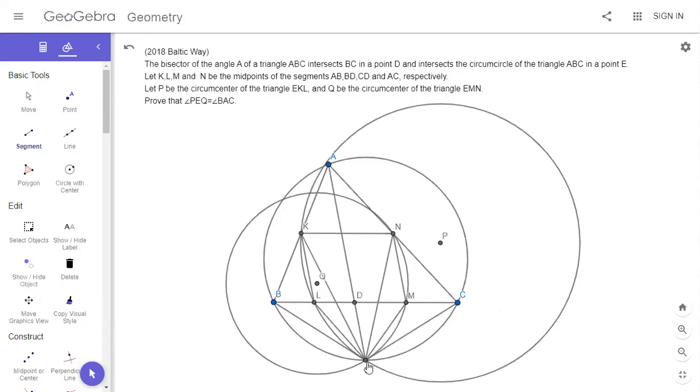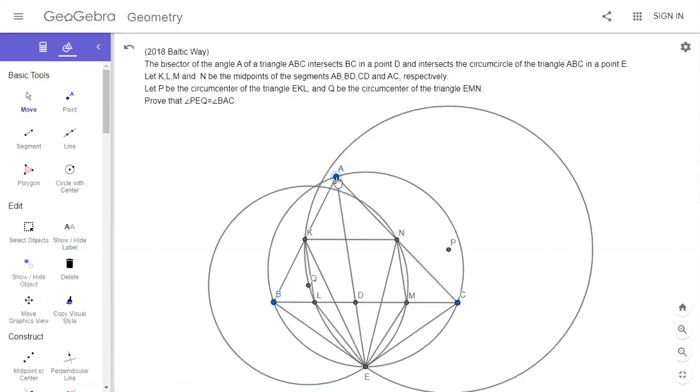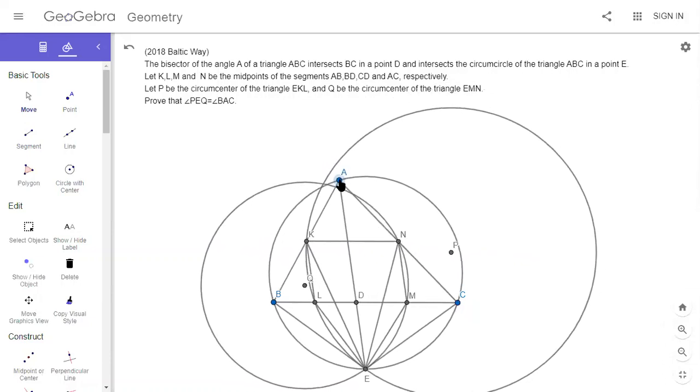But KAE... hold on a second. Wait, but A isn't on that circle, is it? Yeah, you're right. I got confused. A is not on that circle, so we can't say that.